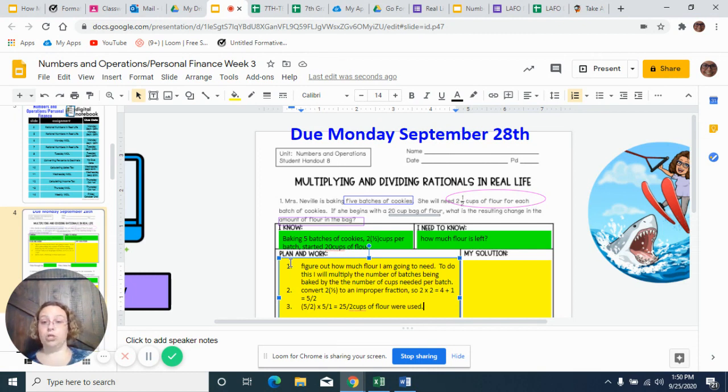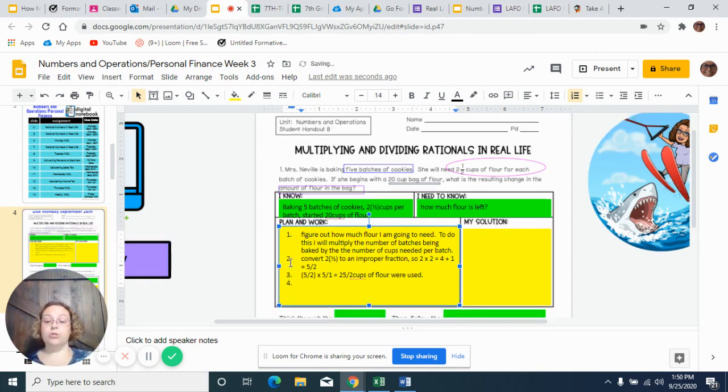So that's what was used. So now I'm going to subtract what I used from what I started with. So I'm going to take the 20 cups that I started with, and I'm going to subtract the 25 over 2 that I used.